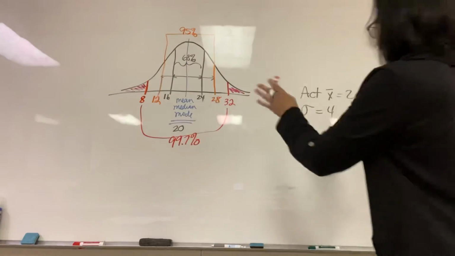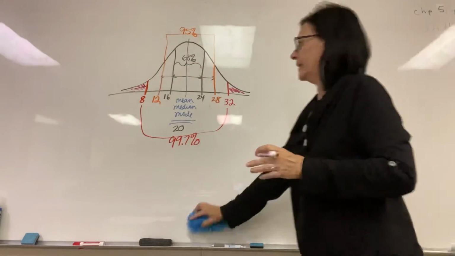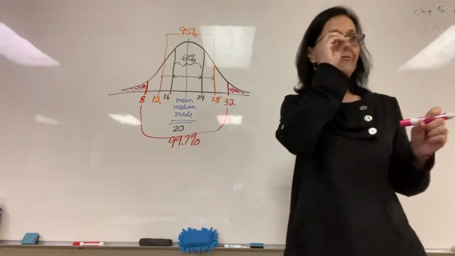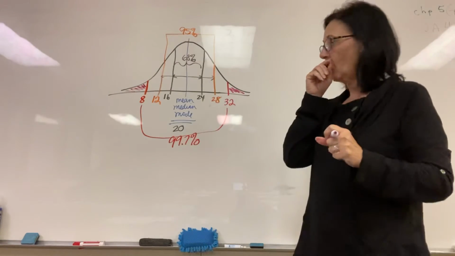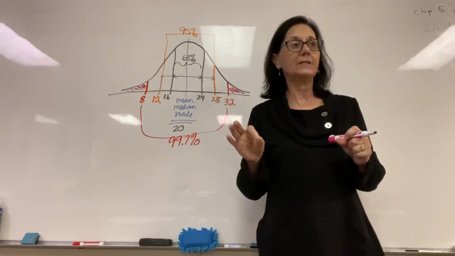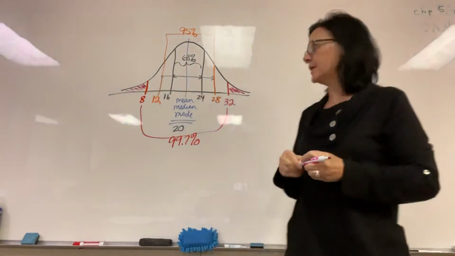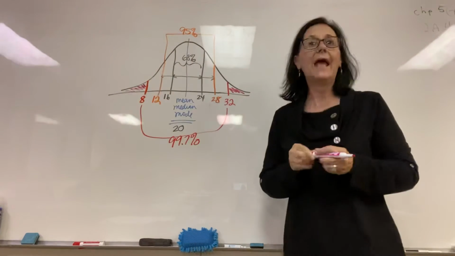Okay, so I want to take this and let's decide if we can figure out what percent of the population, so we're going to ask some questions. What percent of the population would score below an 8?